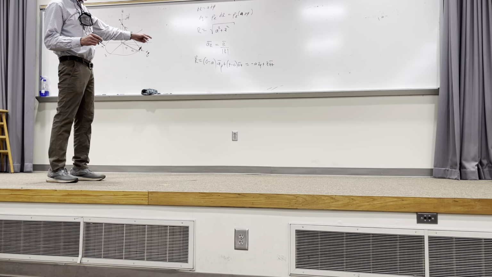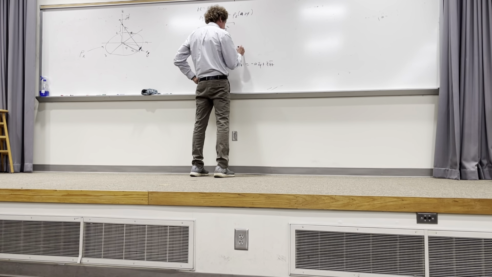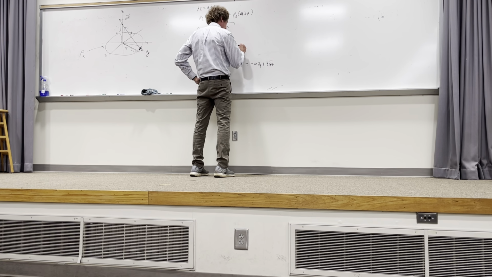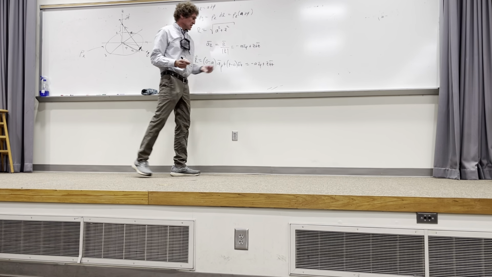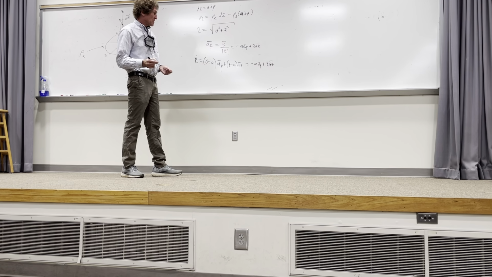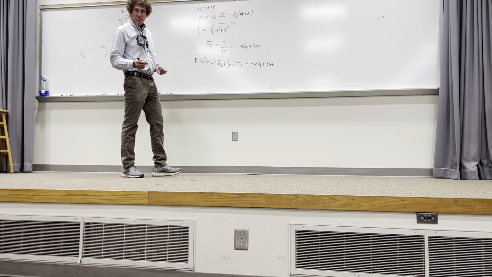Now, once you got that, you can get this right here, and that's simply equal to minus a rho plus z. Well, if that's vector r, then the magnitude of that is just the square root of the component squared. Do you agree with that? Right?